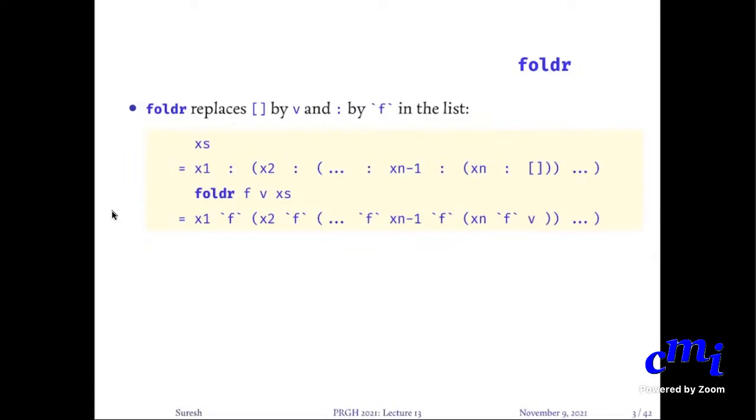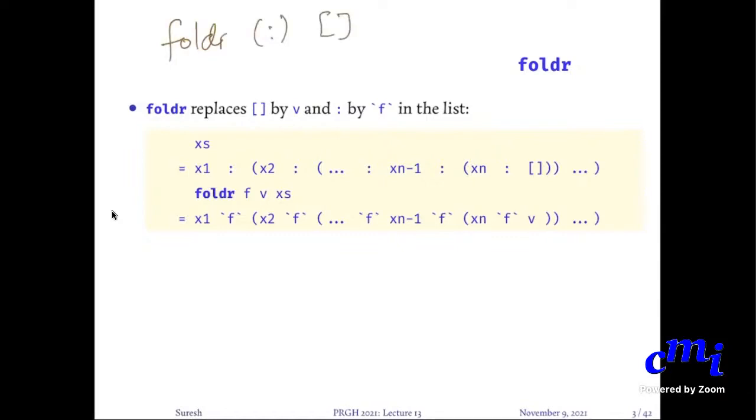Okay, so a list itself is built by taking the empty list as initial value and repeatedly applying the colon operator on a given list. So in some sense, fold right of colon and empty list on any list xs equals xs.